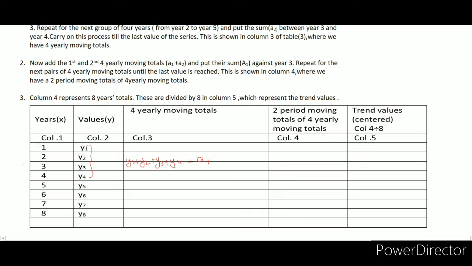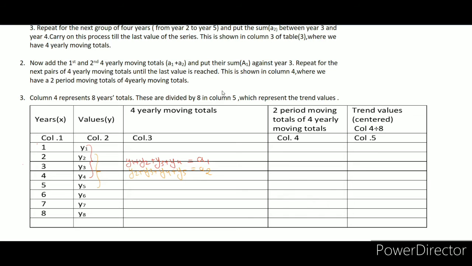Then for the next group, you take years 2, 3, 4 and 5, and your middle years will be year 3 and 4. So your 4 yearly moving total will lie between these years. So y2, y3, y4, y5. Call this total a2.